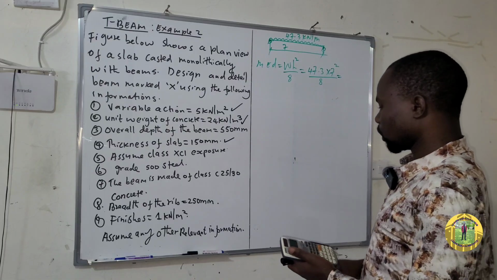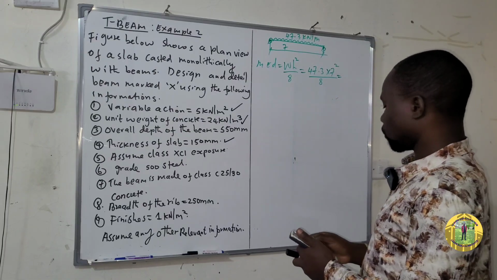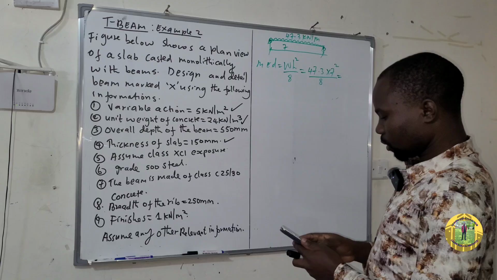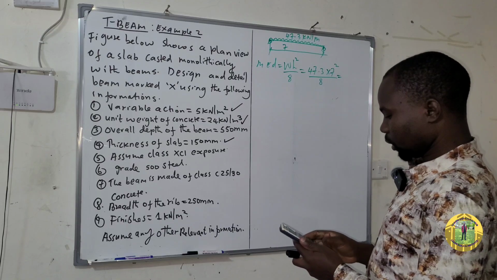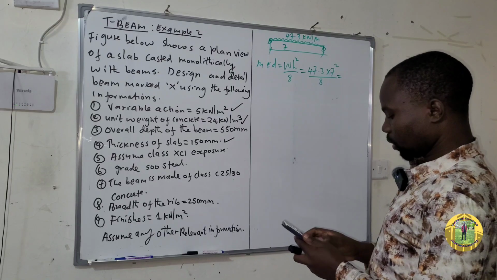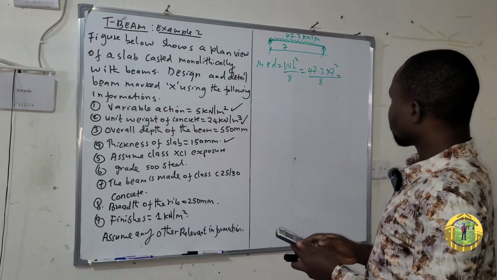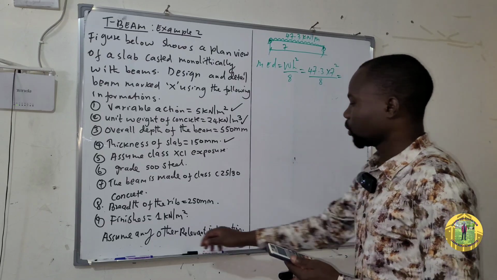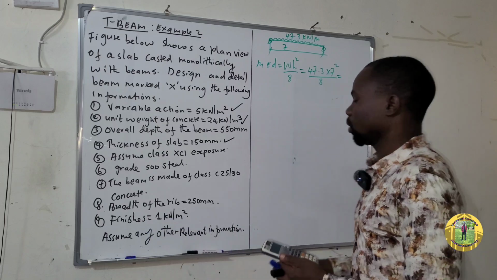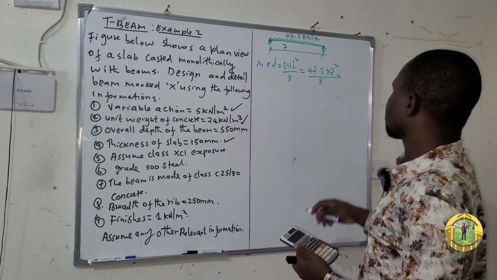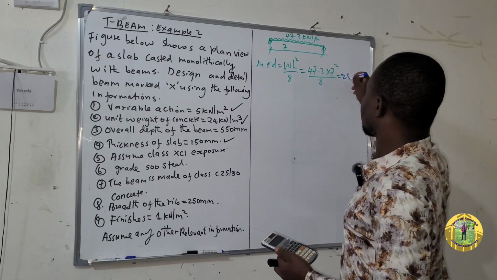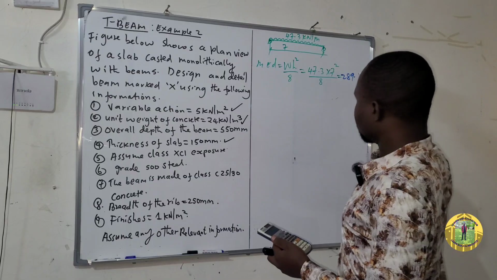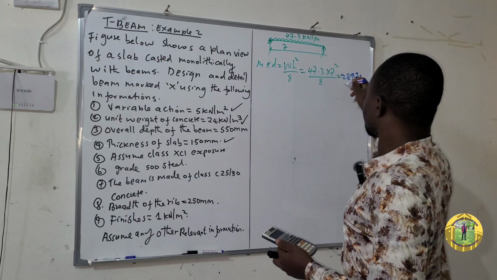So this one will give us 47.3 times 7 square divided by 8. So this is 289.71 kilonewton meter.